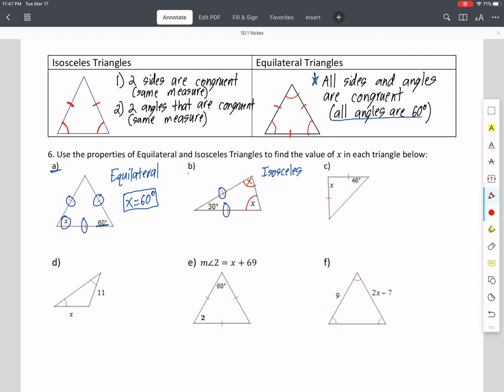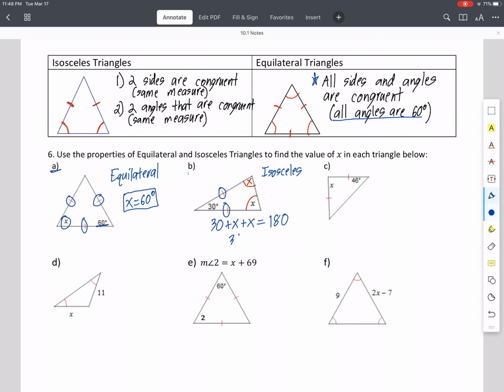So if we write this as an expression like we did earlier, we're going to have 30, because that's the measure of one angle, plus x plus x, is all equal to the sum of all the angles of a triangle, which is 180.